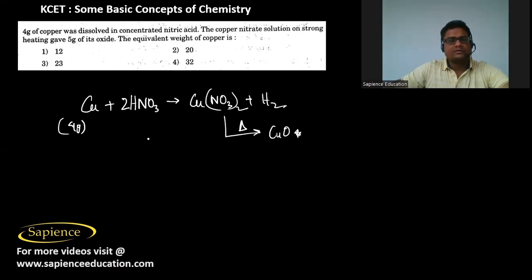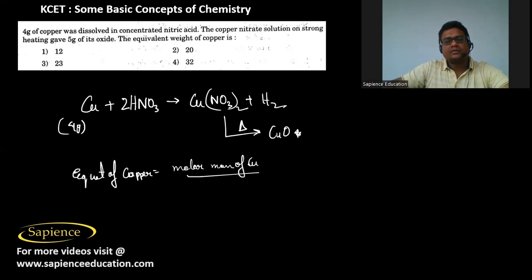So it means that equivalent weight of copper is, okay. So we know that the equivalent weight of copper will be equal to the molar mass of copper divided by the valency factor.